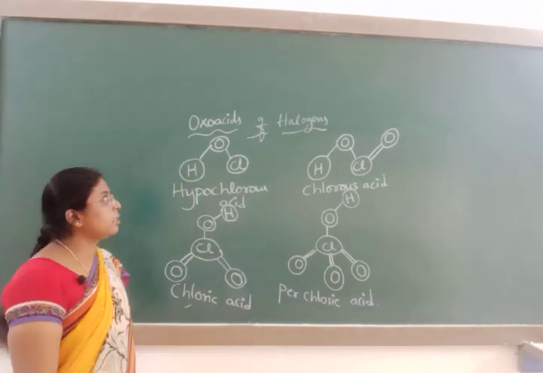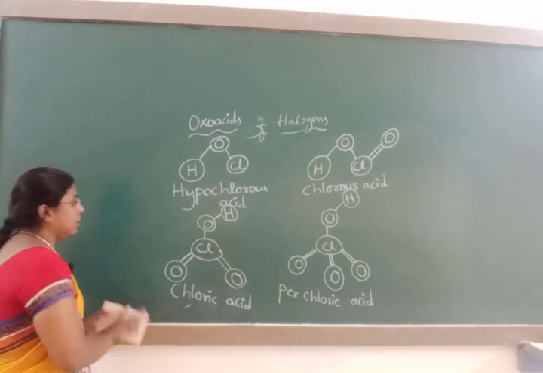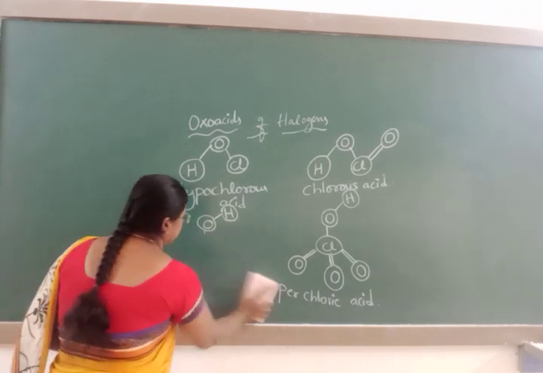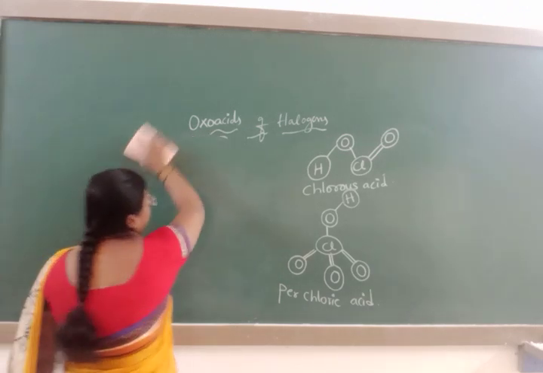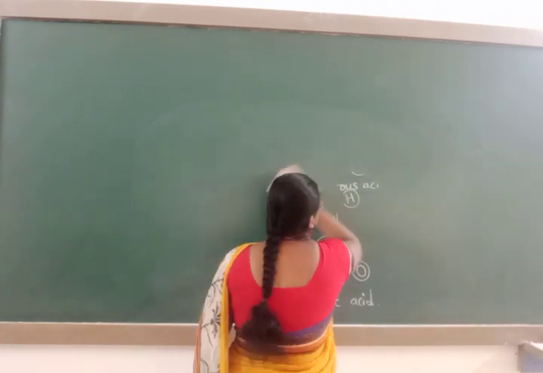These are the structures of the oxo acids of halogens. After this, let us see the formula of these oxo acids of halogens.